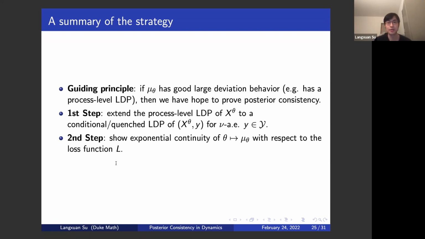And once you do this too, then you can prove the asymptotic characterization, which will imply posterior consistency.